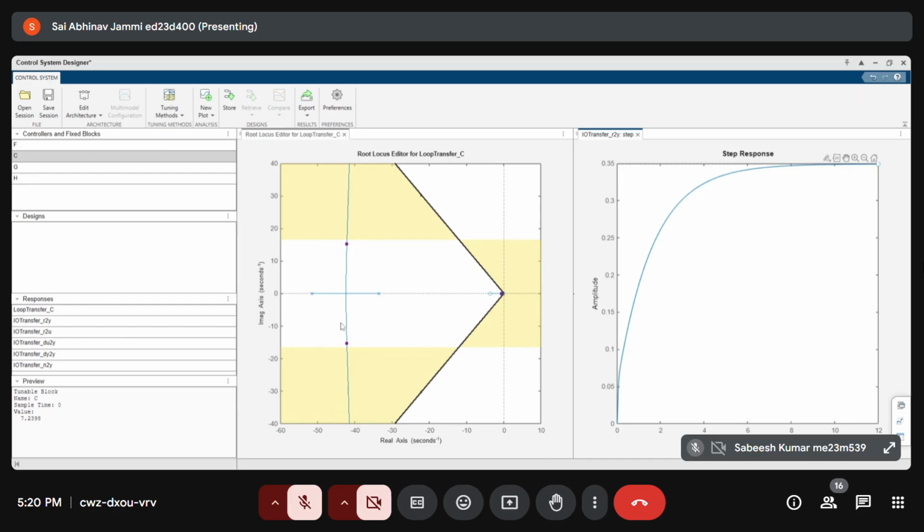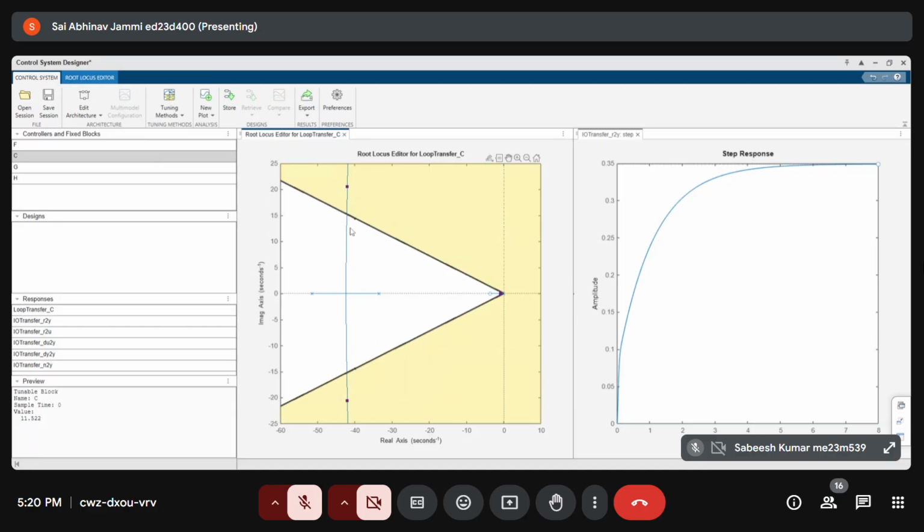So we are shifting the poles so that we can add the kp. Now the value of kp, because of this constraint, you see this region, we cannot enter this region. If we go into that, the peak overshoot, just a second.